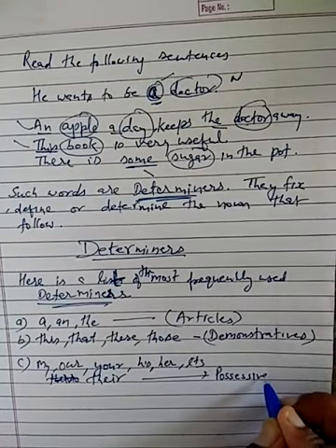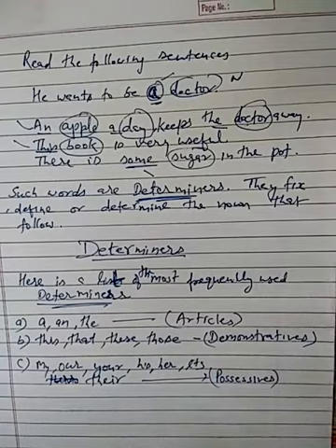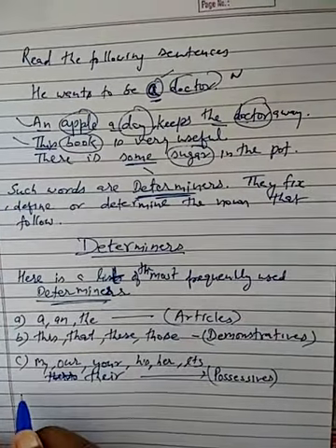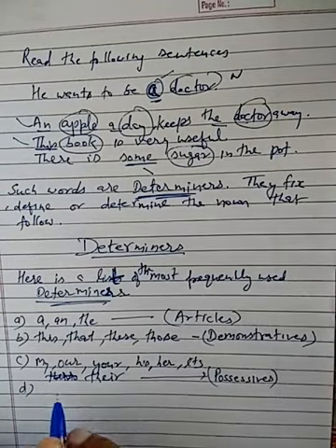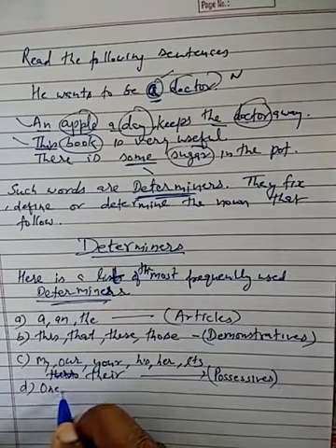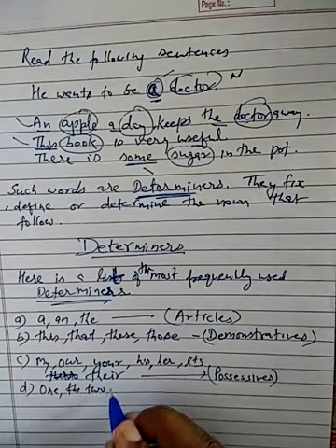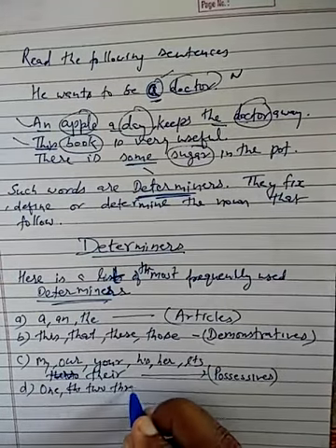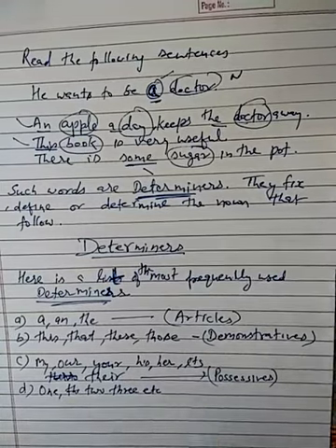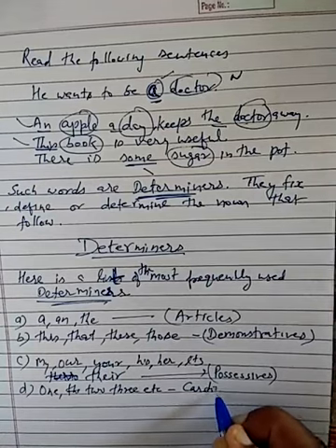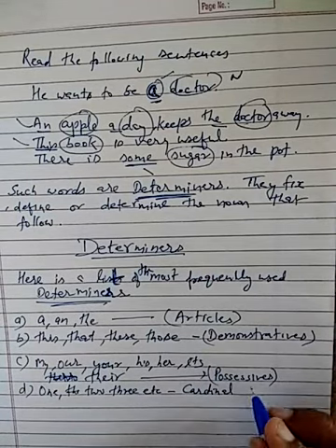Means these words show you the possession of a thing, of a noun. Okay, next one is one, two, three, etc. Okay, and they are called cardinal numerals.